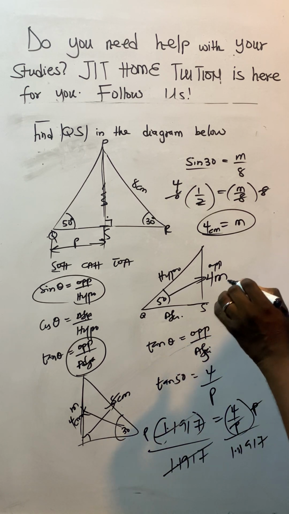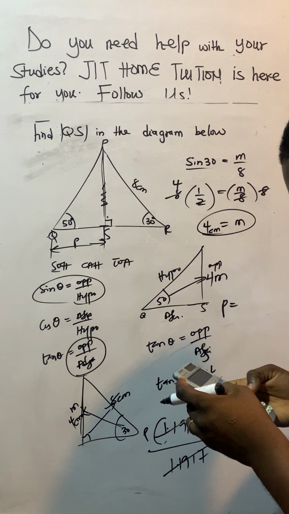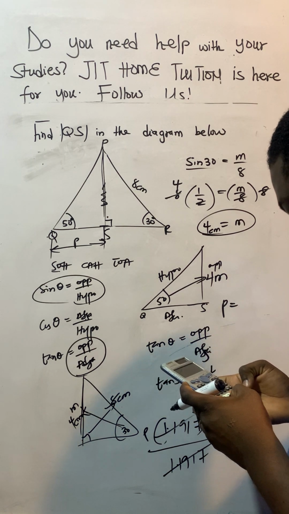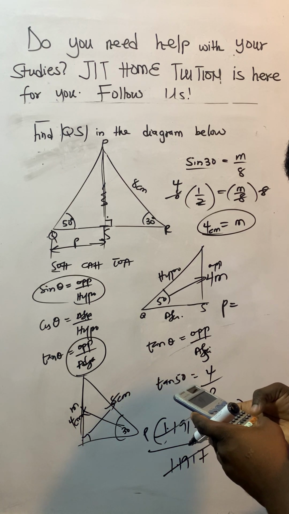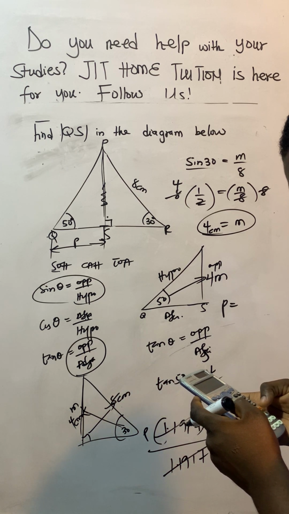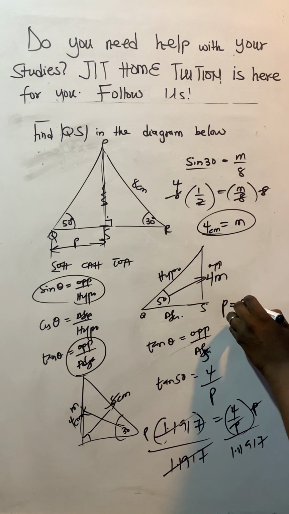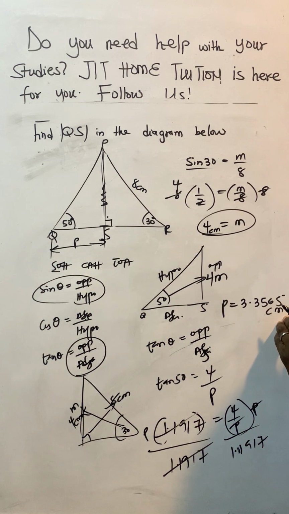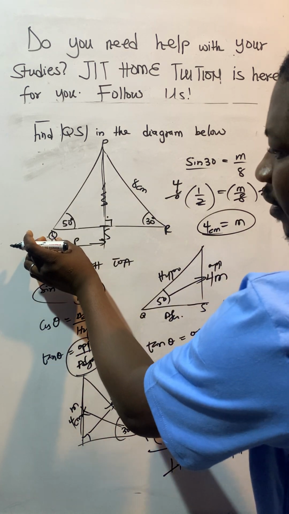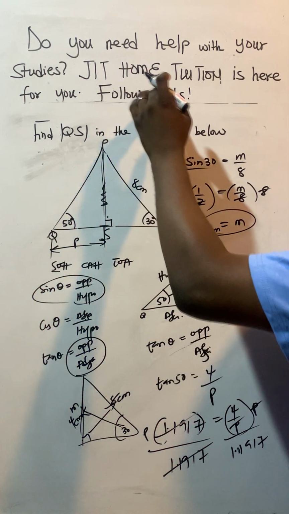So at the end of the day, we have 4 divided by 1.1917. And what do you have? You have 3.3565. All right. Don't forget the unit. So it's centimeters. Then that will become the length of what? QX. As simple.